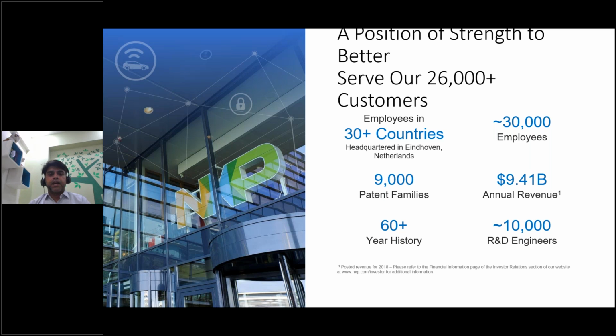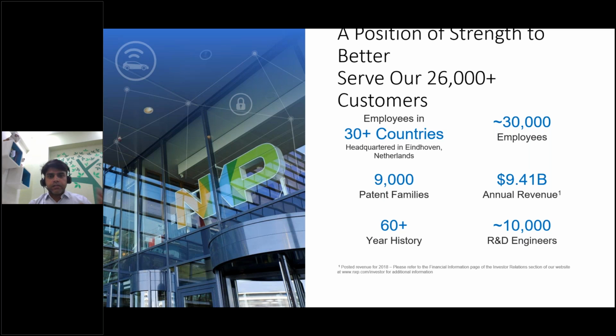You'll see a very interesting example later of how the breadth of the product portfolio, along with the performance parameters, of technologies created by NXP have been generating futuristic solutions.